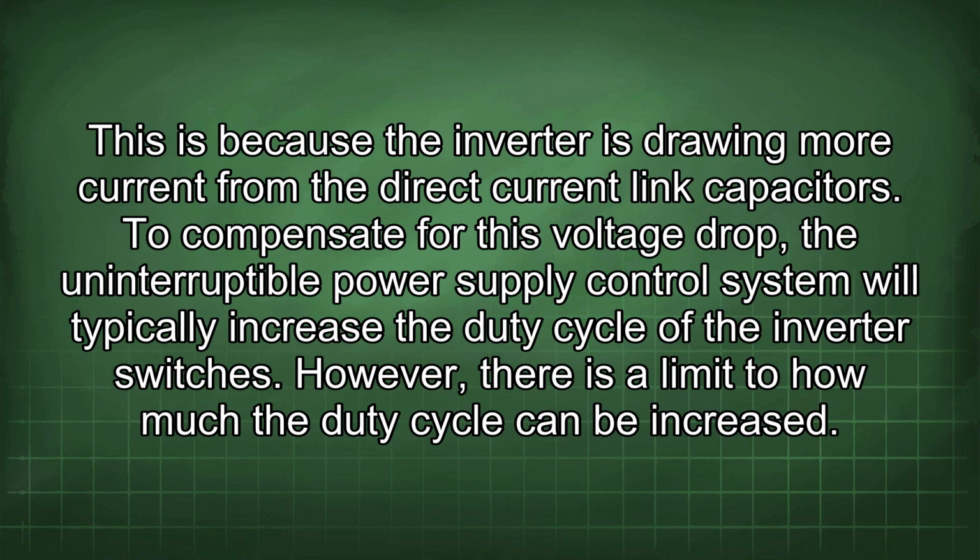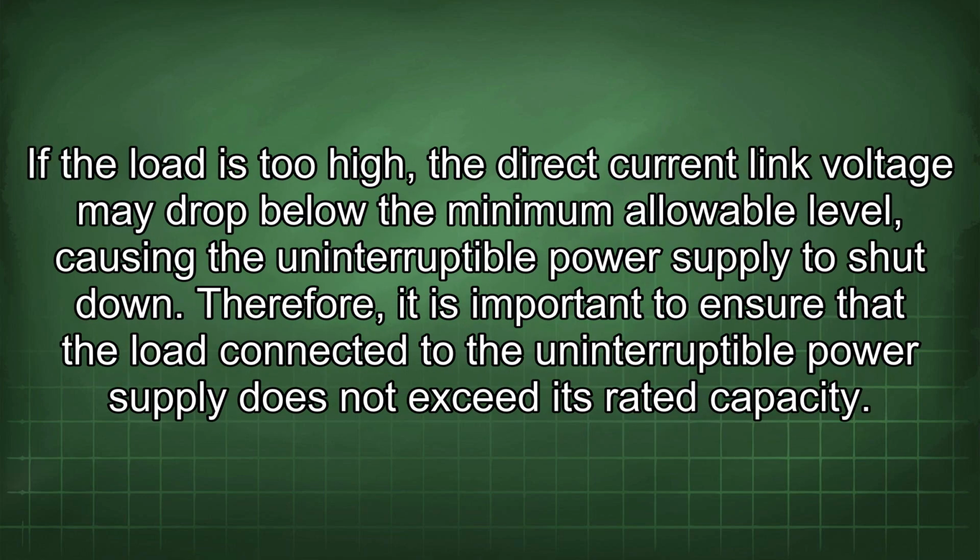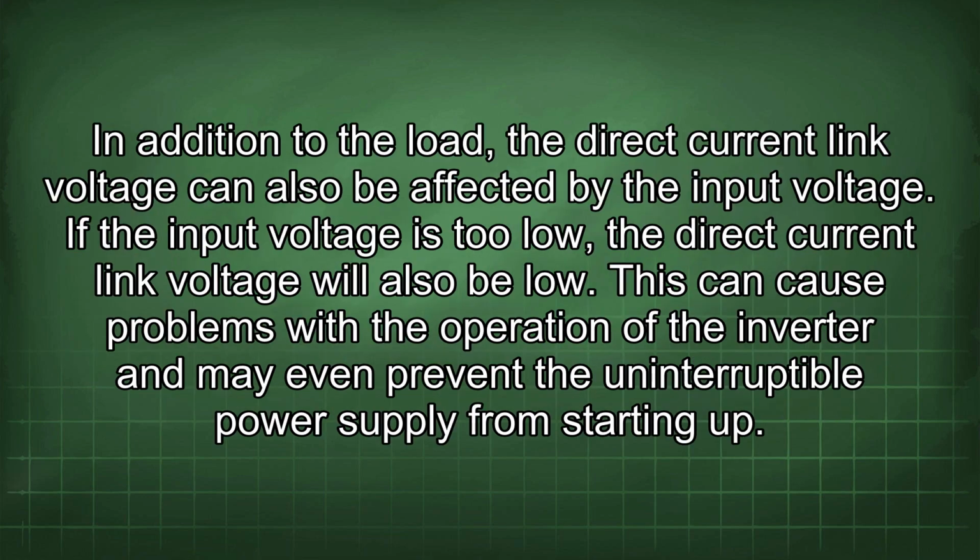However, there is a limit to how much the duty cycle can be increased. If the load is too high, the direct current link voltage may drop below the minimum allowable level, causing the uninterruptible power supply to shut down. Therefore, it is important to ensure that the load connected to the uninterruptible power supply does not exceed its rated capacity.